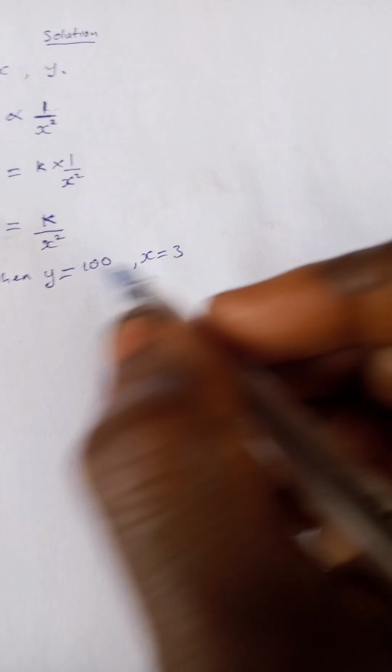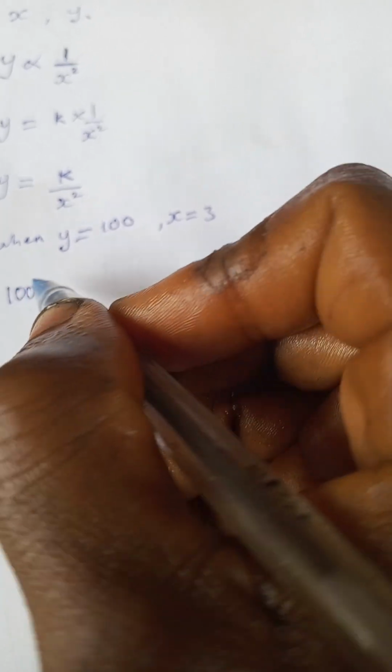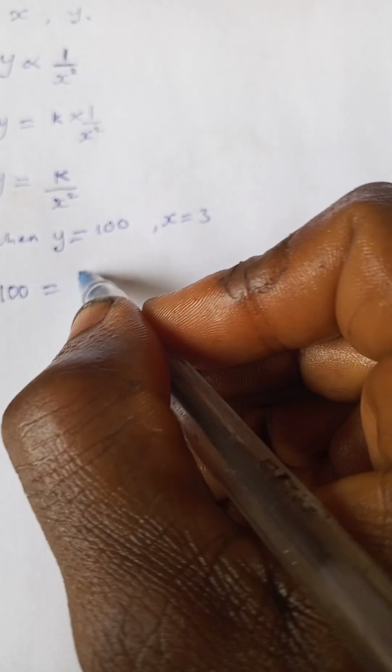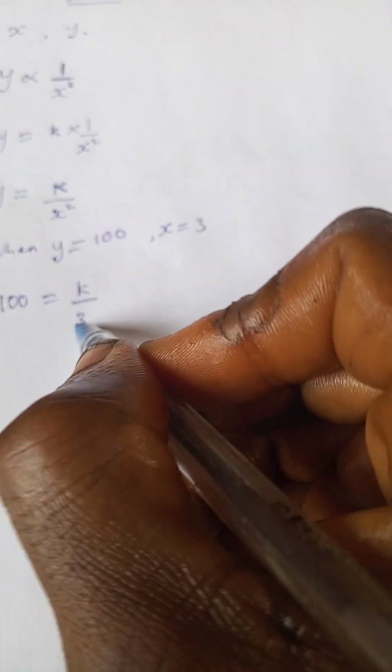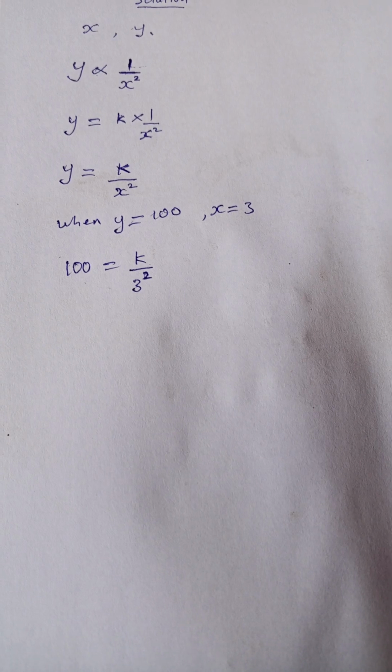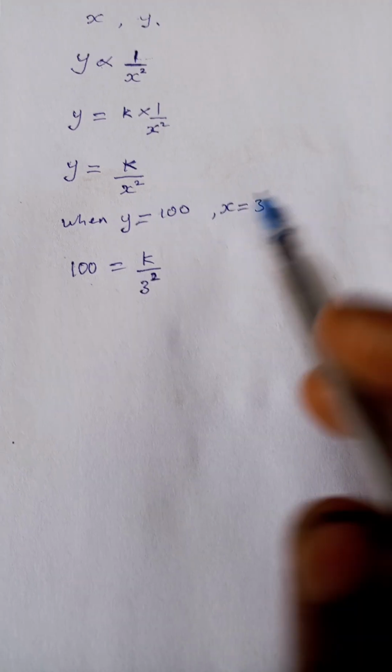You are going to substitute this, and if we do that, instead of y we have 100, equal to k, because there was no value attached to k there. Then here we'll have the square root of 3. Okay, so that is when.